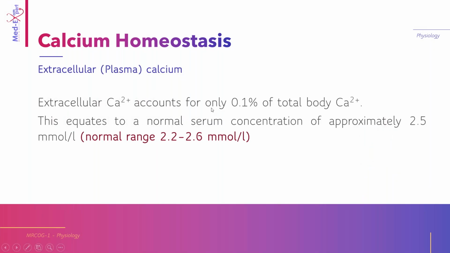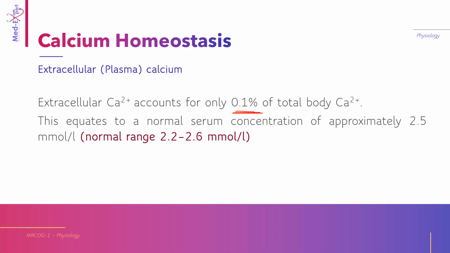But when we talk about the plasma calcium or the extracellular calcium, this is the part which is very important for us now. The extracellular calcium accounts for only 0.1% of the total body calcium.